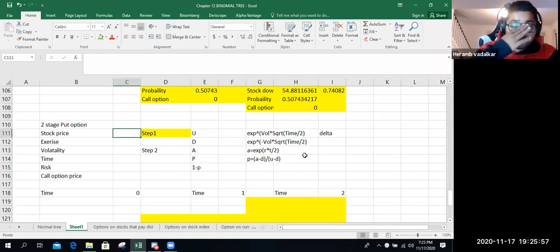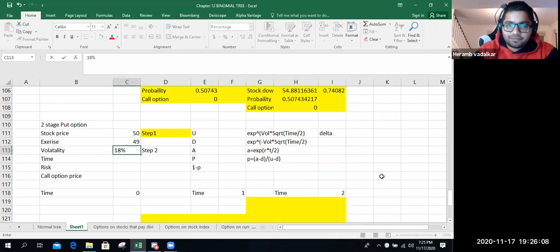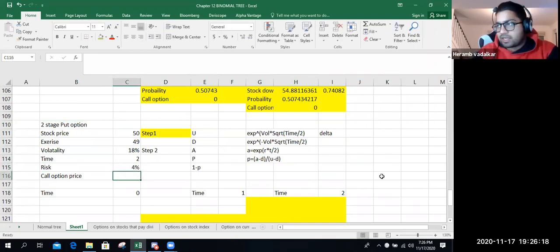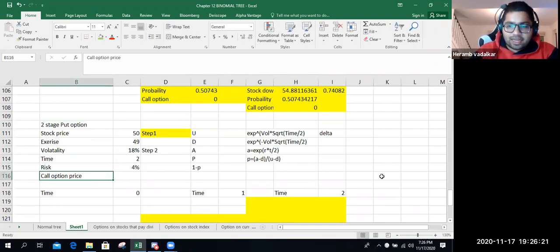So let's do a put option. If put option price is, let's say, $50, exercise price is $49, volatility is 18%, time is 2 years, but it is a two-stage model, risk-free rate is 4%, and we are doing a put option price.